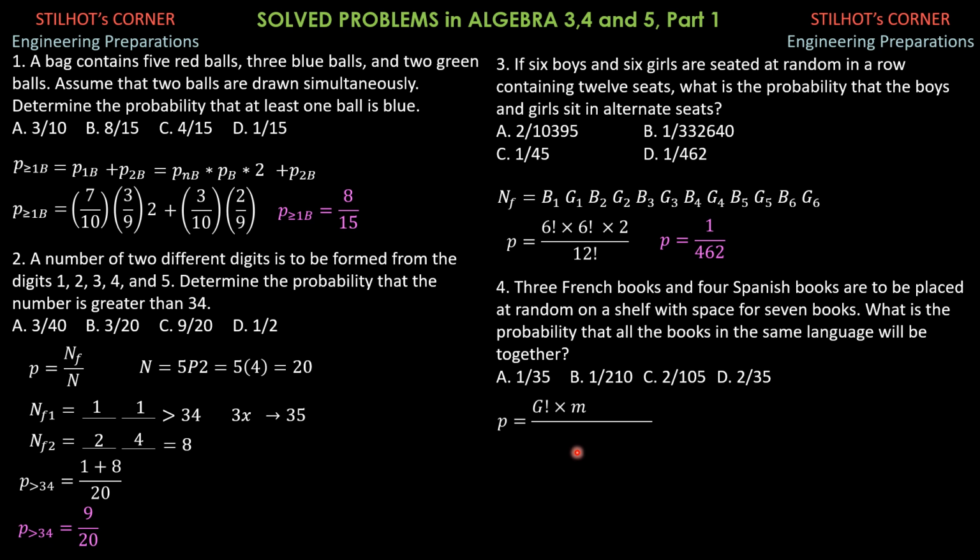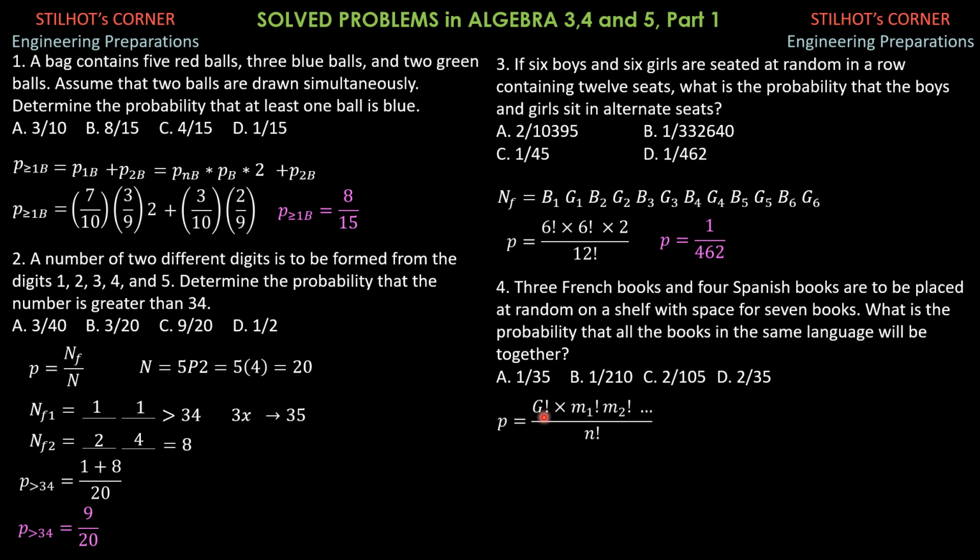So therefore, probability is equal to number of groups factorial times number of members of group 1 factorial times number of members of group 2 factorial, all over the total number of ways of arranging these n books, which is n factorial.